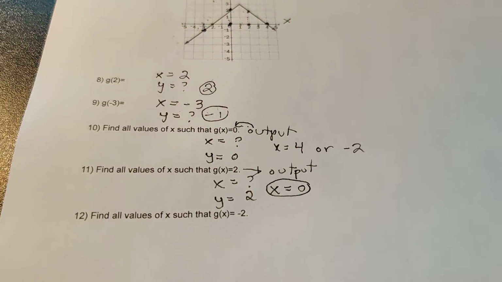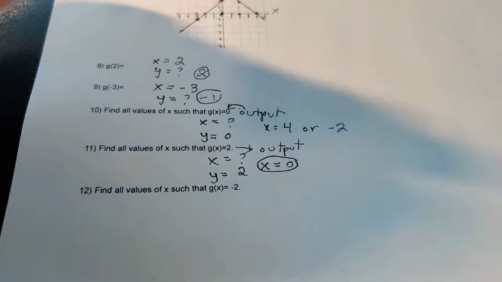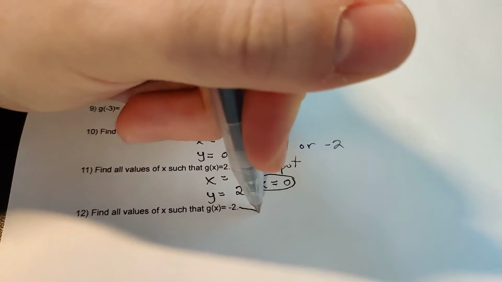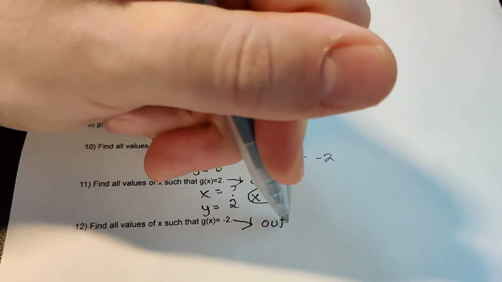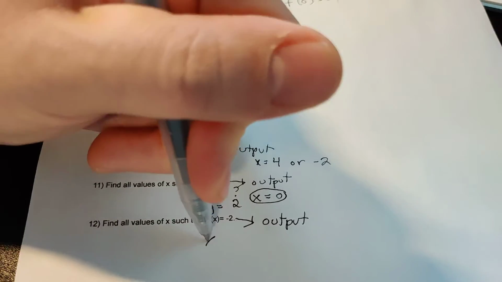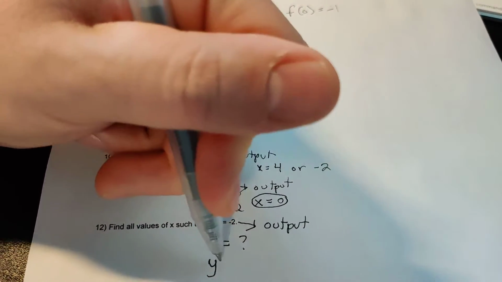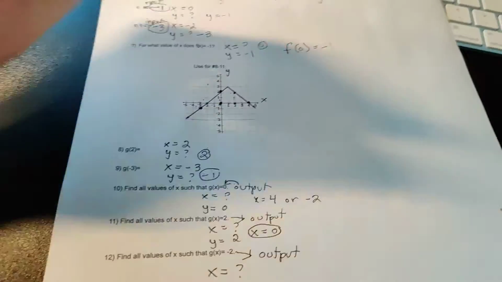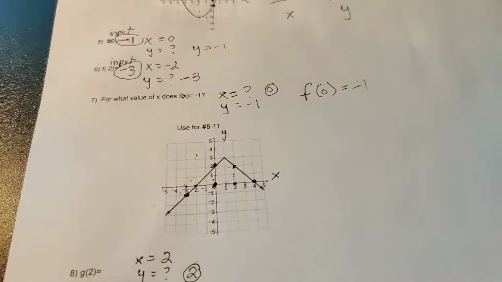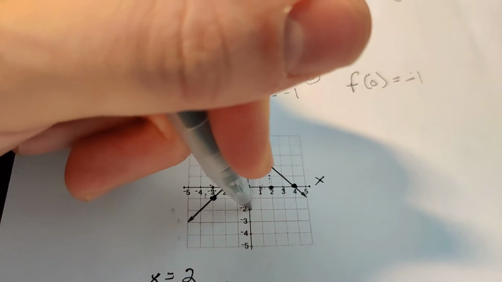Number 12, find all values of x such that g of x equals -2. So again, this -2 is an output because it's outside the parentheses. We do not know x, so x is question mark, y is -2. So let's find -2 on the y-axis, which is right over here.